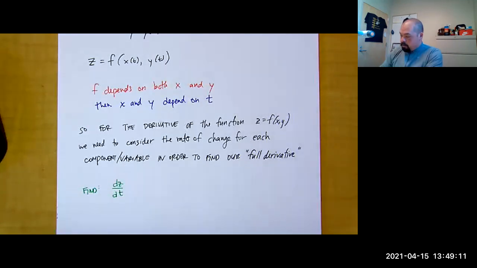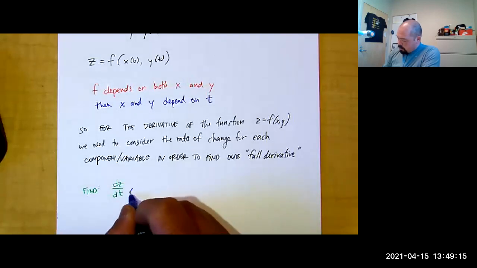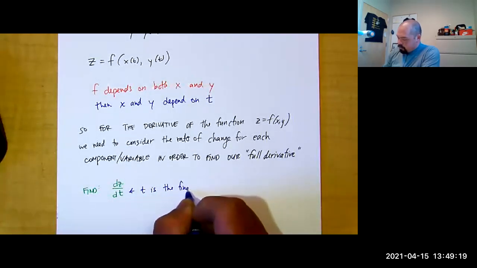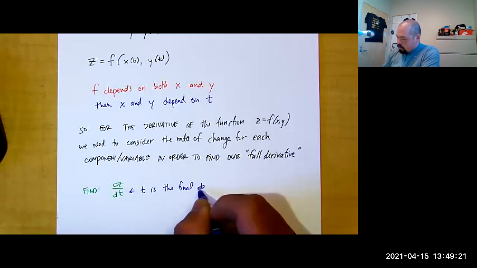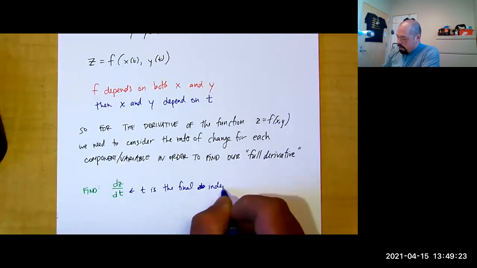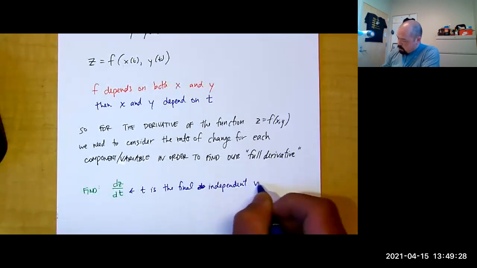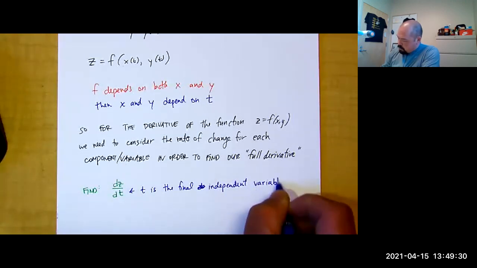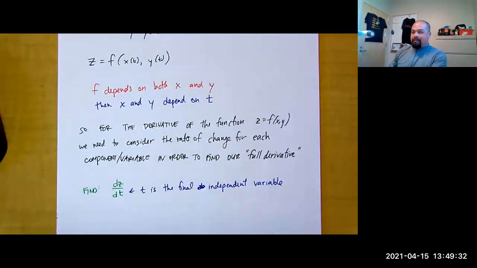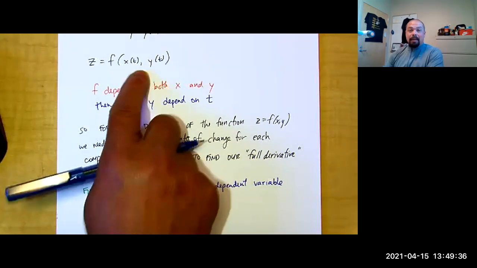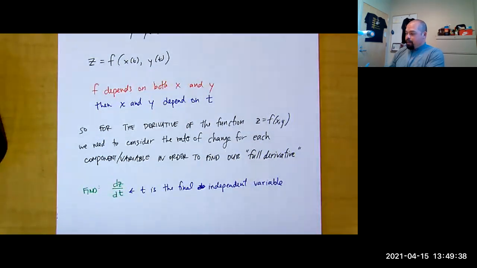Okay, some information here. T is kind of like that final independent variable. There aren't any other variables that x or later on f can depend on, right?